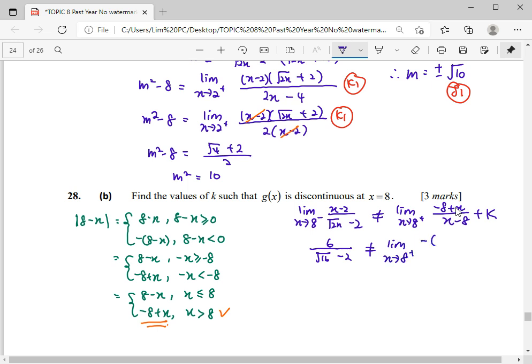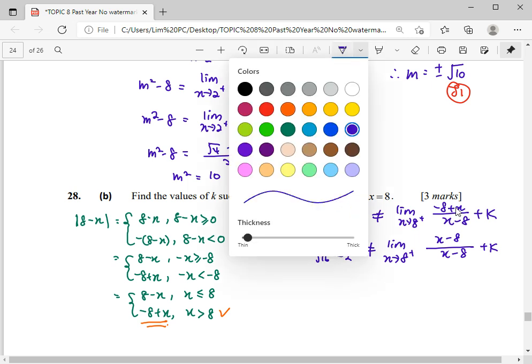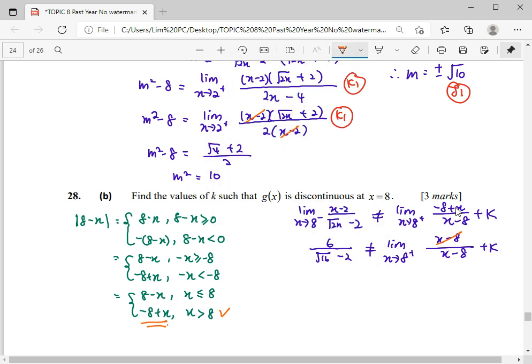So try to factorize out the negative, then I get negative 8 minus x. Oh, it is the same, just the order is different. So I write it in order, x minus 8 over x minus 8. When I write it in order, we can see clearly the whole factor is the same. We can simplify.